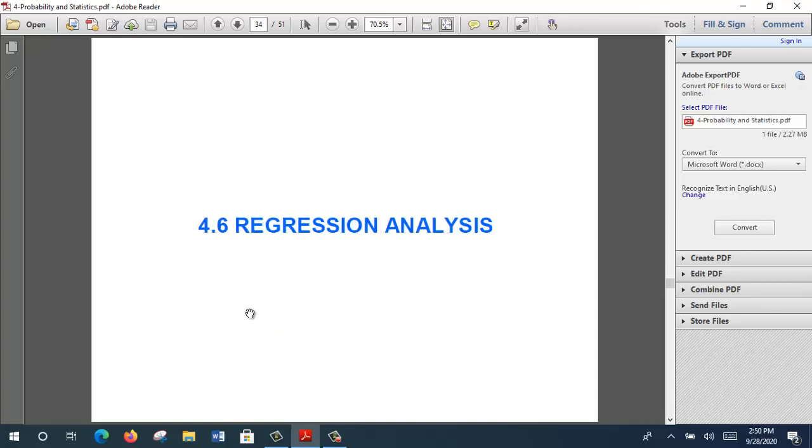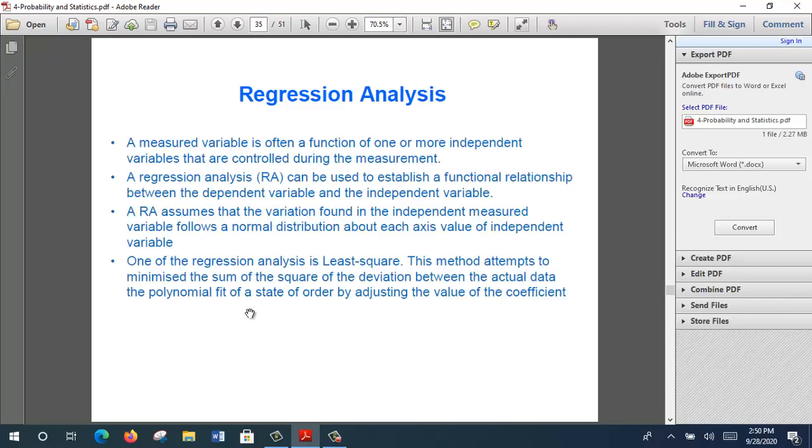Okay, now we want to go to the next section, which is about regression analysis. Before this, we talked about the normal distribution itself, and there are a lot of conditions involved in the distribution. So from now we go to the next section on regression analysis. What is regression analysis about?